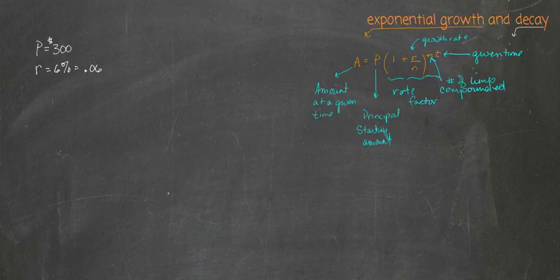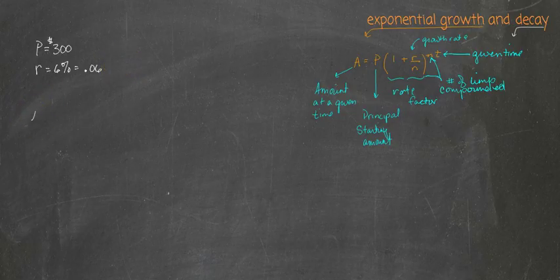Making no other deposits or withdrawals, what will Christy's account balance be after 20 years if the interest is compounded? And then we get some choices. But let's start with the rawest form of this. If she never makes any other deposits or withdrawals, what would her balance be after just 20 years?